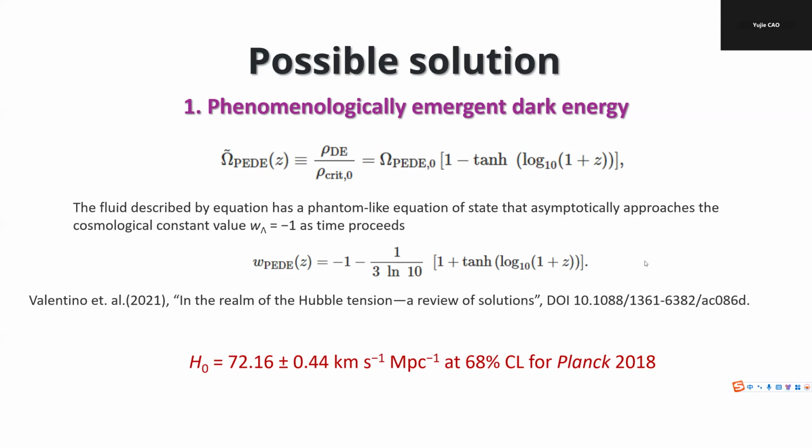The fluid described by the equation has a fundamental equation of state that approaches the cosmological constant value, equal to minus one, as time proceeds. Using the new model, we can get H0 as 72.16 using Planck 2018 data.